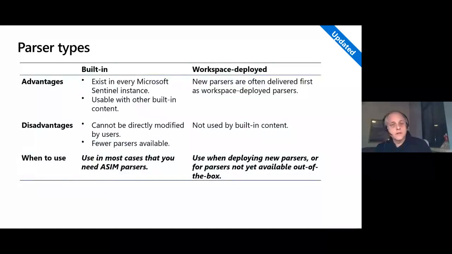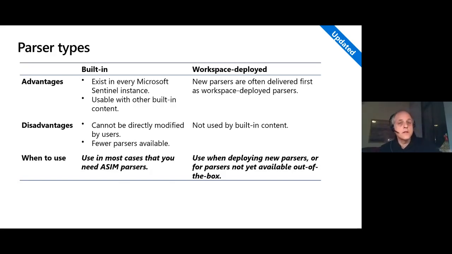Getting a bit into the details, you've seen the _ASIM_DNS table. There's also the ASIM web session table, etc. for all the relevant schemas. We have two types of parsers.